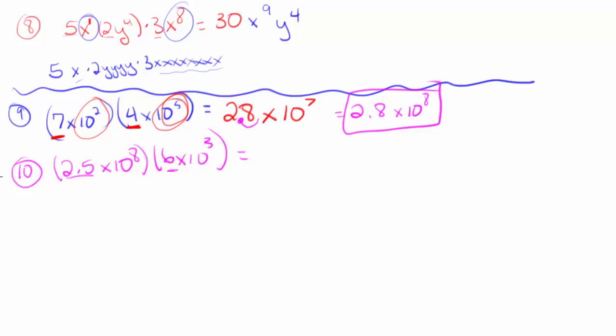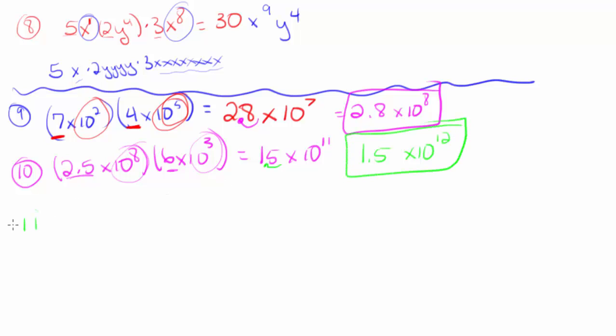Sorry. It's 15 times 10, and then we just add, so 10 to the 11th. Now this is not in scientific notation, so we move it over 1, so 1.5, and again we add 1, times 10 to the 12th.